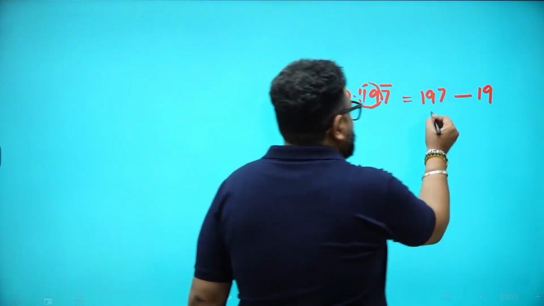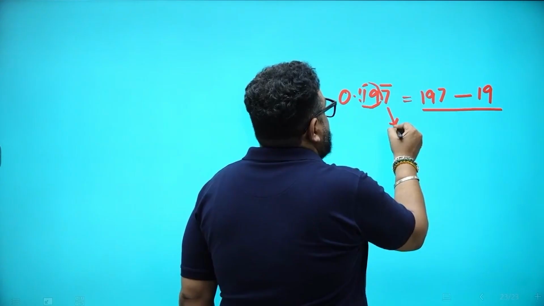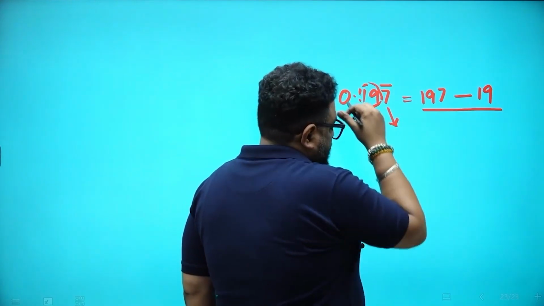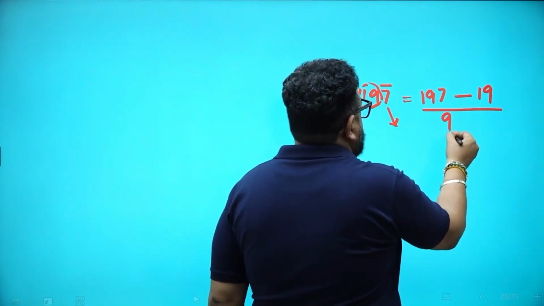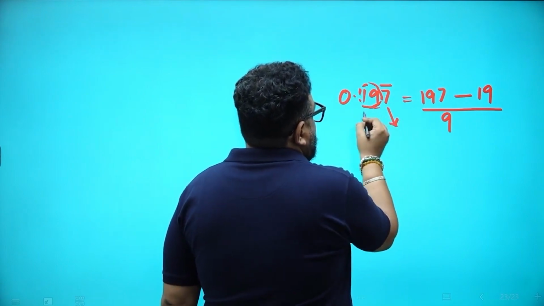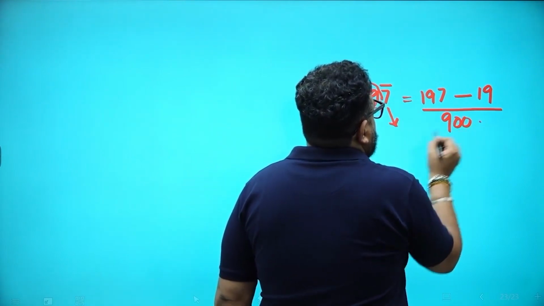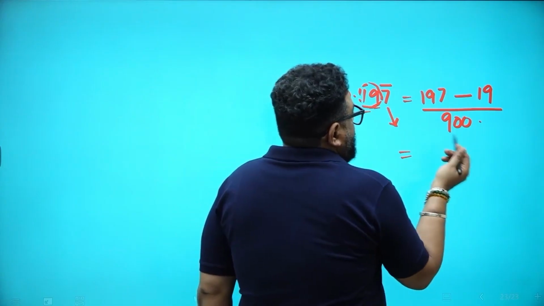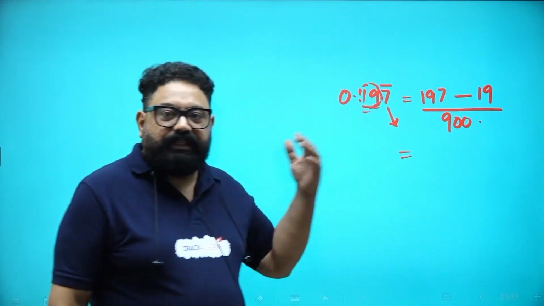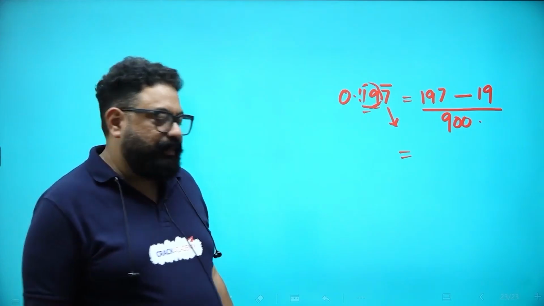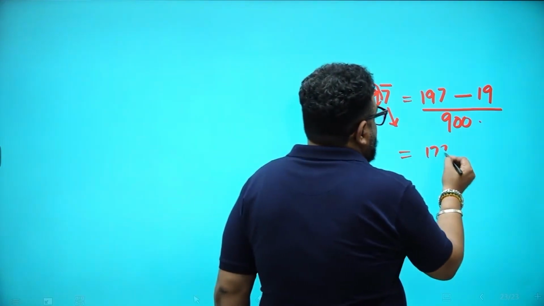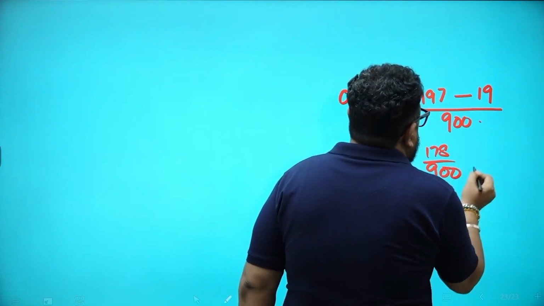Upon as many 9s as numbers under the bar, so there is only one number, so 9. As many zeros as no bars, 900. So it is going to be 197 minus 19, 178 upon 900.